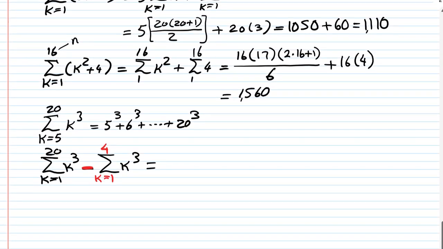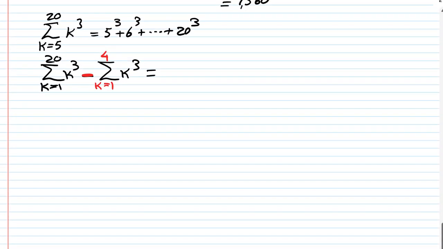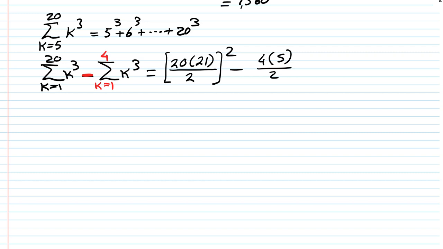Okay, the right side. So that's going to be n times (n plus 1) divided by 2, and then don't forget you square it, minus from 1 to 4, that's going to be 4 times (n plus 1), which is 5, divided by 2, and then you square this one because that's what the formula calls for.